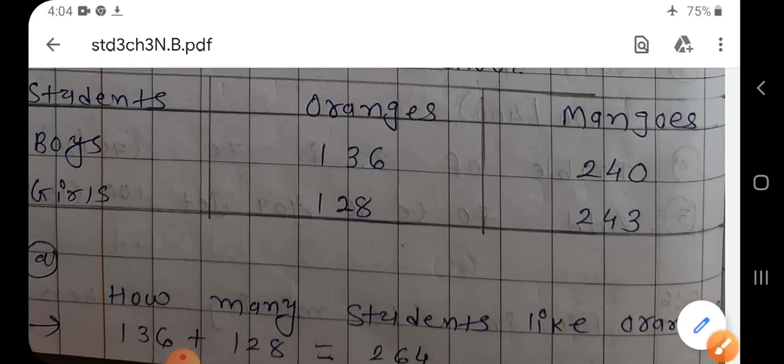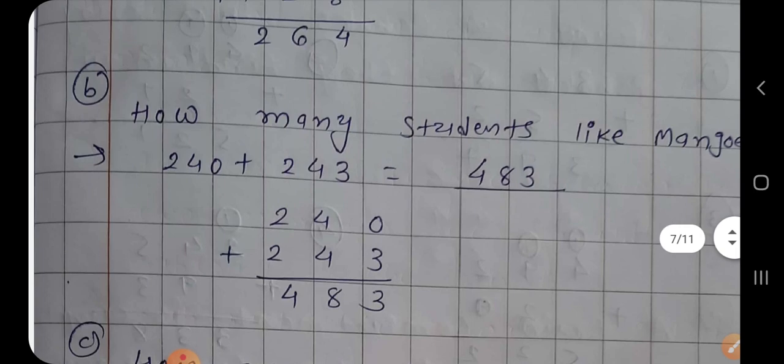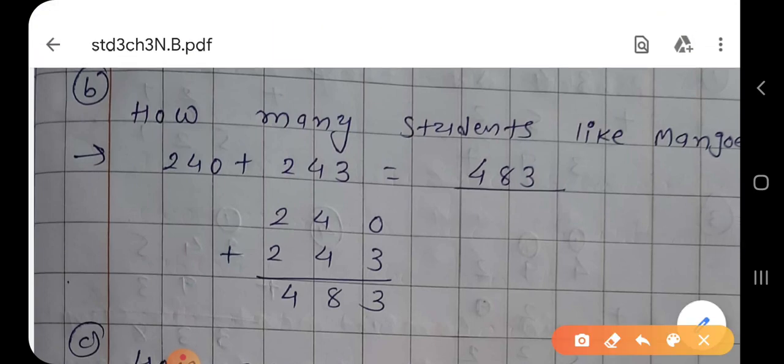So to find the total number of students, we have to add 240 and 243. 0 plus 3 is 3, 4 plus 4 is 8 and 2 plus 2 is 4. So the answer is 483. So the number of total students is 483.